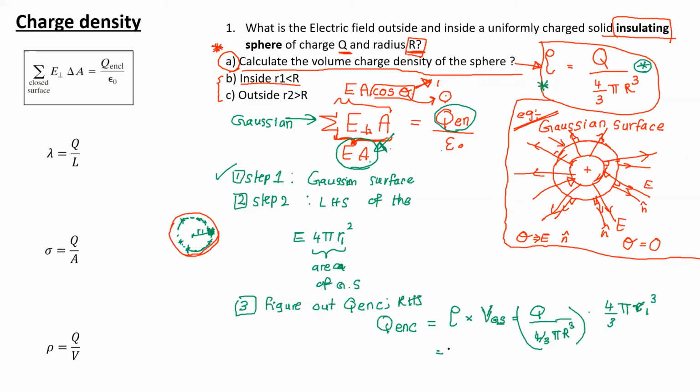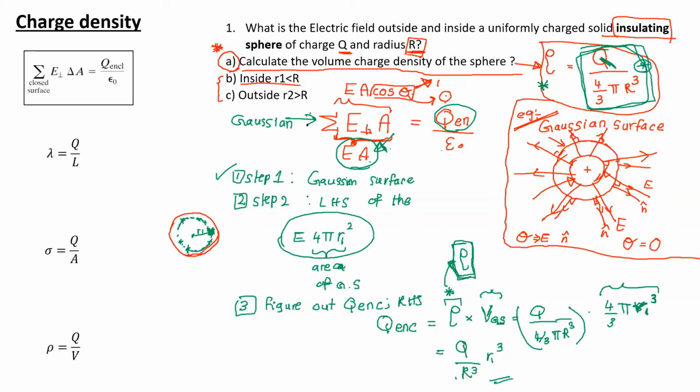So we can simplify this a little bit. 4 over 3 pi gets cancelled and we are left with Q over R cubed, into R1 cubed. So are you okay with the charge enclosed? That is the hard part in this problem, in Gauss's equation.